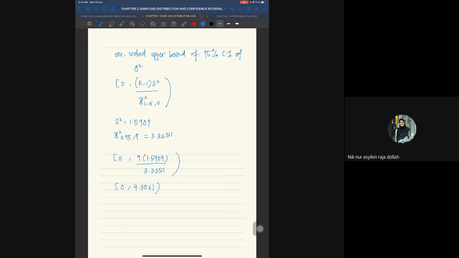And then you just interpret. So we have a positive confidence interval, then the interpretation should be similar to what we did before.